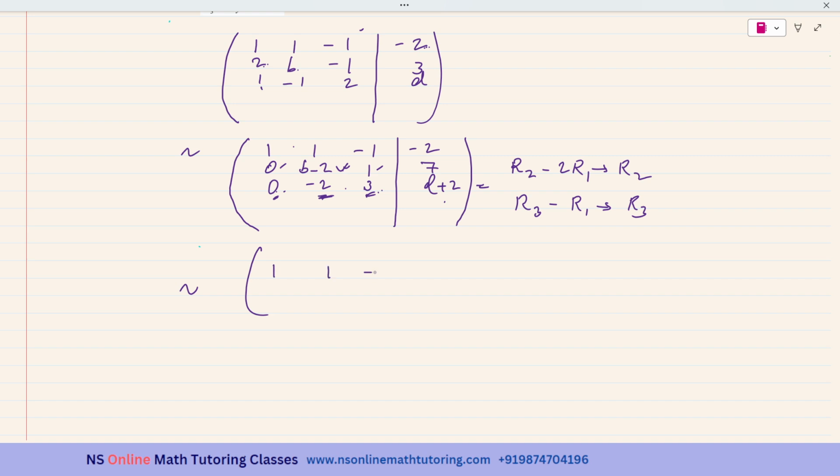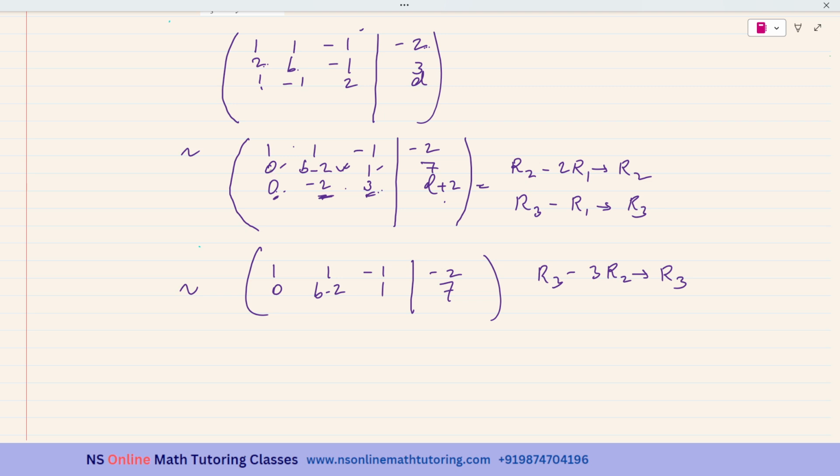1 1 minus 1 and minus 2, 0 b minus 2, 1 and 7, and the operation that we will be doing is r3 minus 3 r2. This is r3.